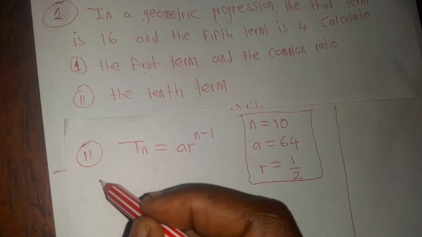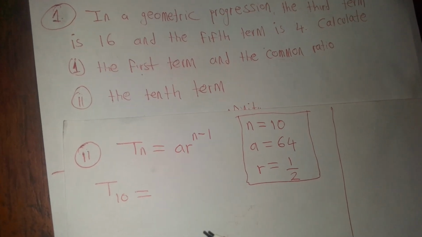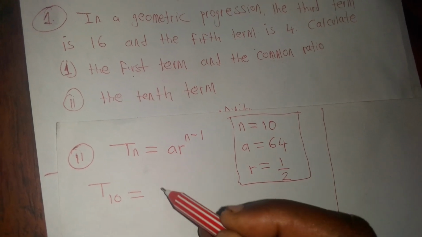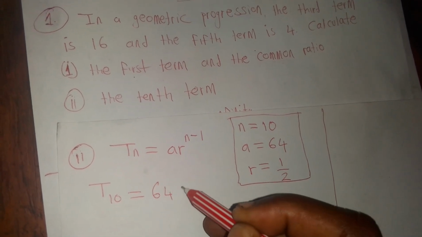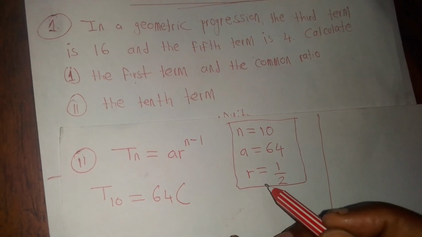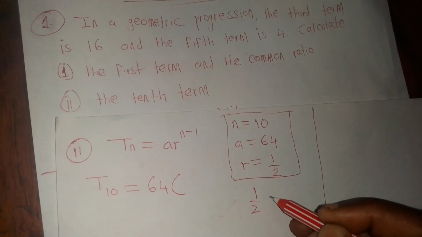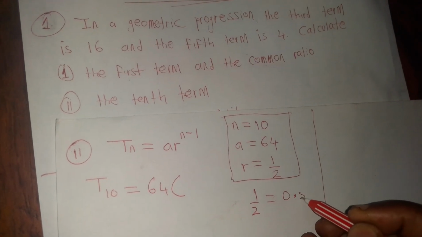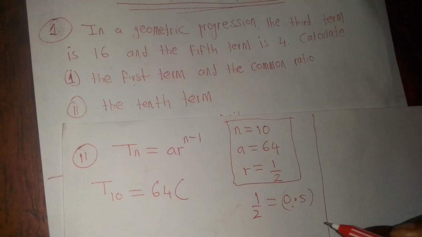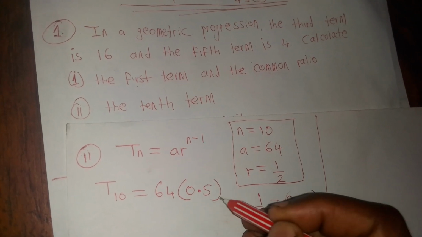Where there is n, I'll put 10 to show that I'm finding the 10th term. Then a is 64, by r. My r is 1 over 2, which is the same as 0.5, and I prefer putting it as 0.5.